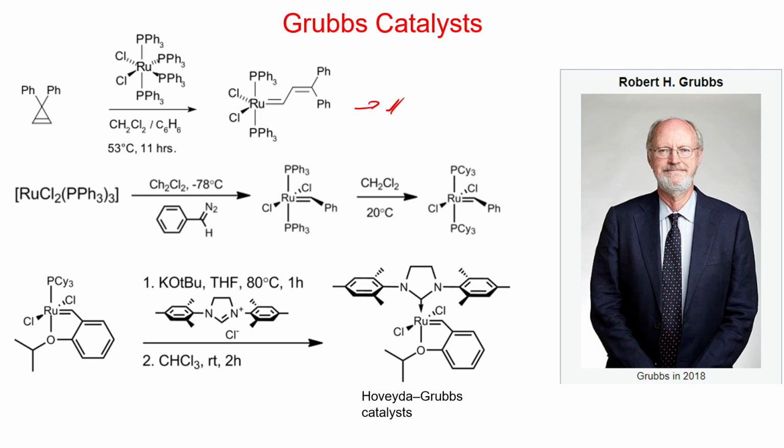There are other ways also to make it, with ruthenium chloride and this compound, and you can make the first generation catalyst. And for the second generation, with this N-heterocyclic carbene in the presence of base, this is also reported.